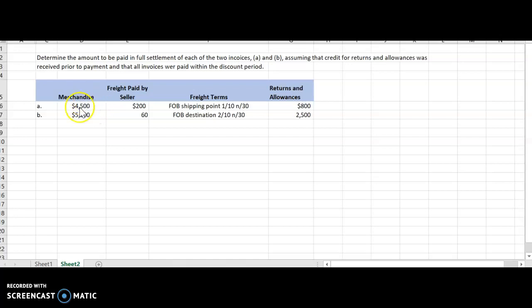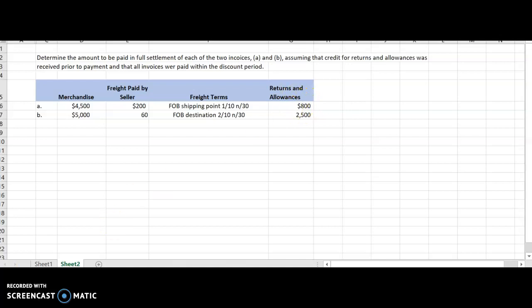So we would say 4,500 times 0.01 and we would subtract that, the discount. Subtract the 1% out as you learned how to do earlier, and then do the same thing with the $800. So you could actually multiply this times 0.99 if you didn't want to take the 1% and subtract it out.